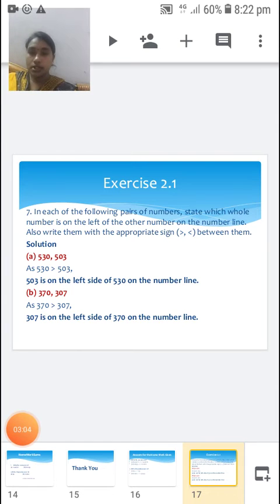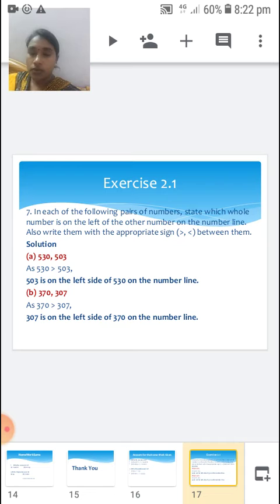Today we are going to continue with exercise 2.1. We have finished 6 sums in the previous session and now we are going to continue with the further sums given in exercise 2.1. Okay children? Let me read out the question for you.